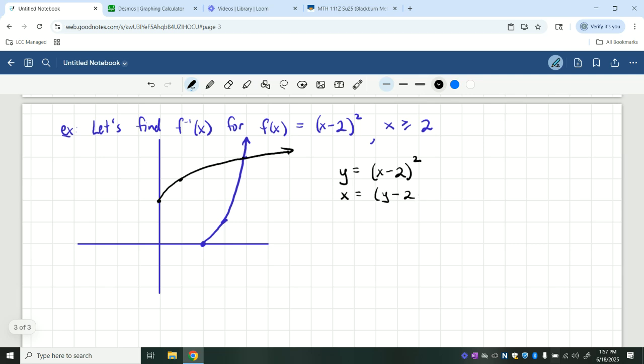Switch x and y first. Now I square root both sides. So square root of x equals y minus 2. Then I add 2 to both sides. And then f inverse of x equals radical x plus 2.